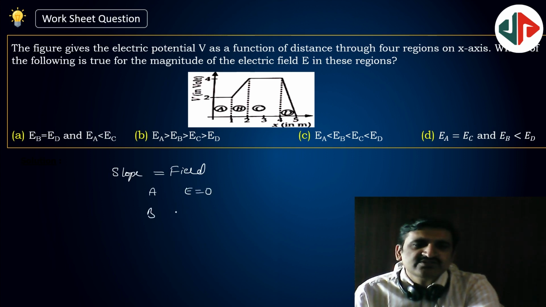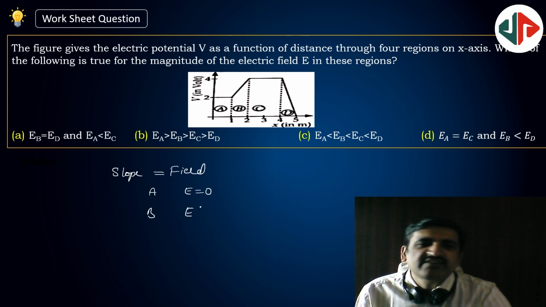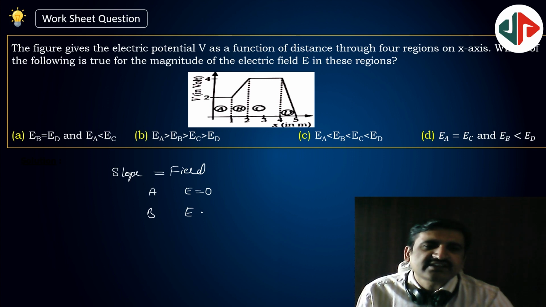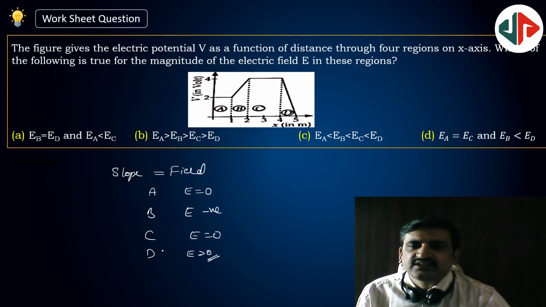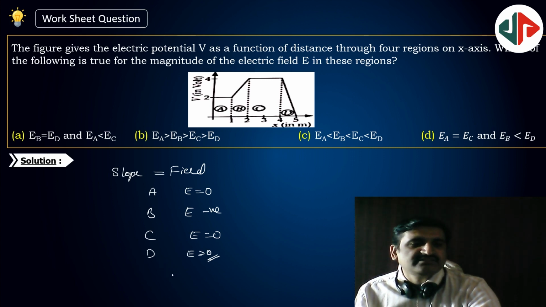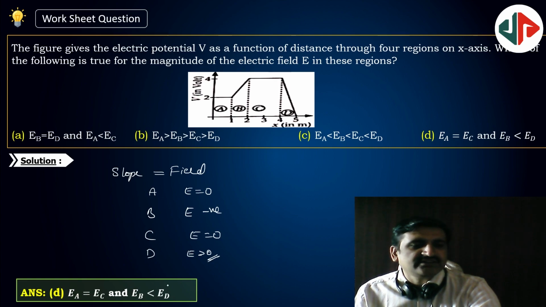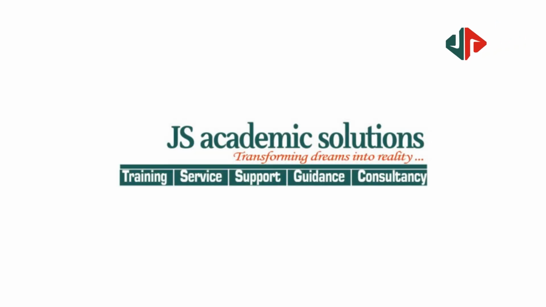In the B region, slope is there, E is positive. Of course, minus dV by dr we have to take, so negative I can take. Next, in the C region, again field is 0. In the D region, E value is positive. So EA and EC are equal, and EB is less than ED. So correct one, yes, option D.